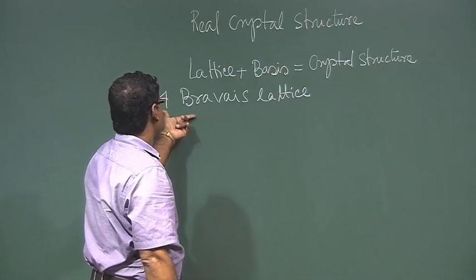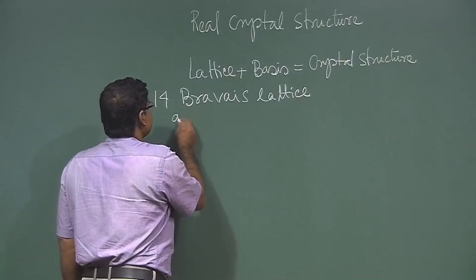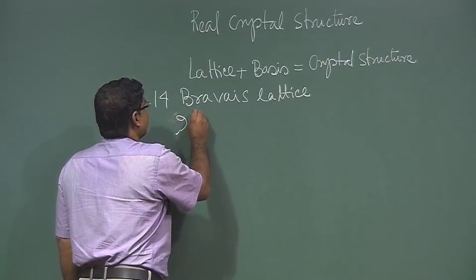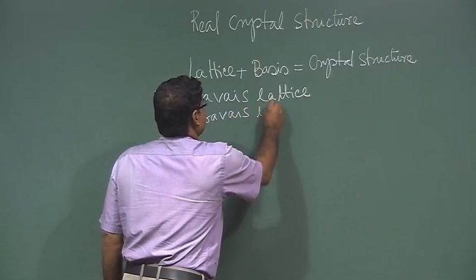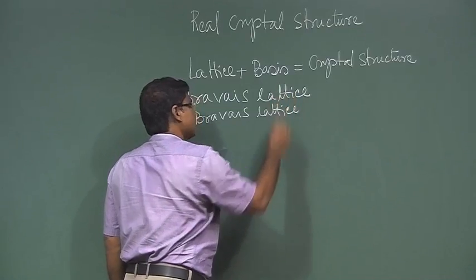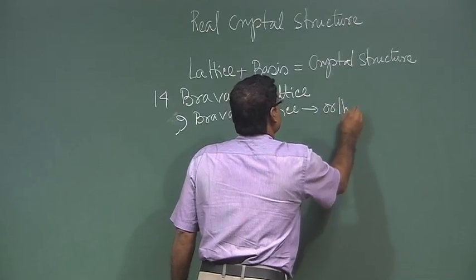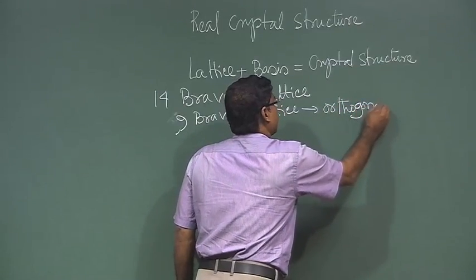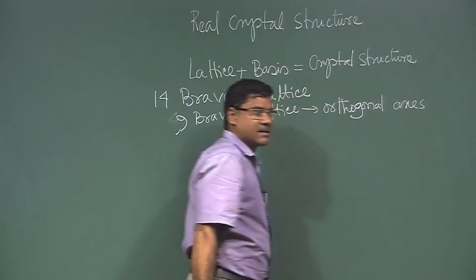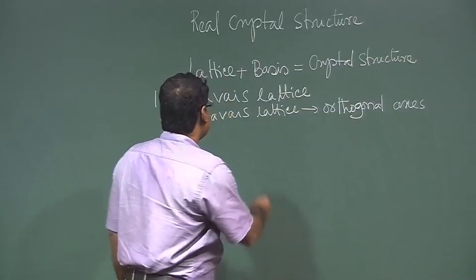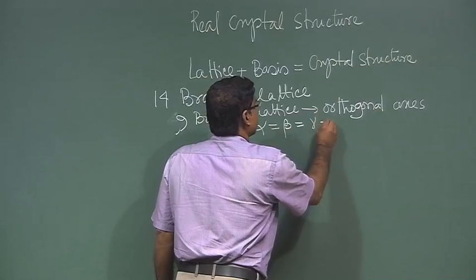So, out of these 14 Bravais lattices, 9 Bravais lattices have orthogonal crystal axes A, B, C, where alpha equal to beta equal to gamma equal to 90 degree.